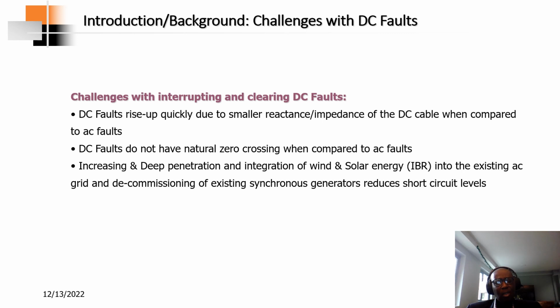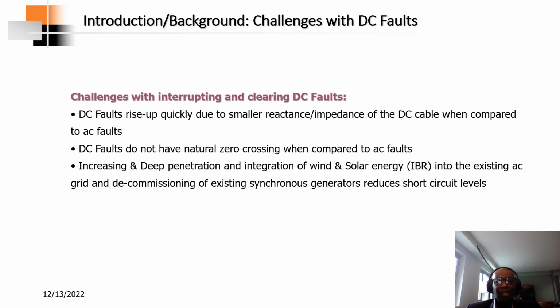As you know, there is an increasing and deep penetration of wind and solar energy, which are all inverter-based renewables, into the existing power networks. Also, there is decommissioning of the existing synchronous generators, especially the coal-fired ones. As such, this reduces the short circuit levels in the power system network.